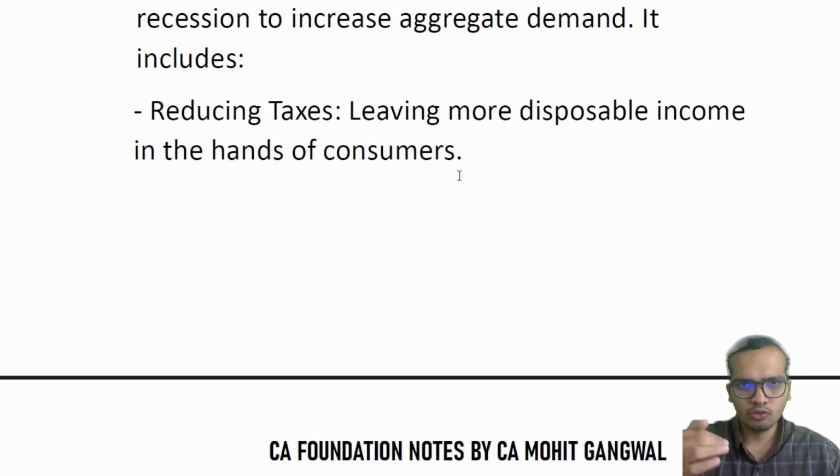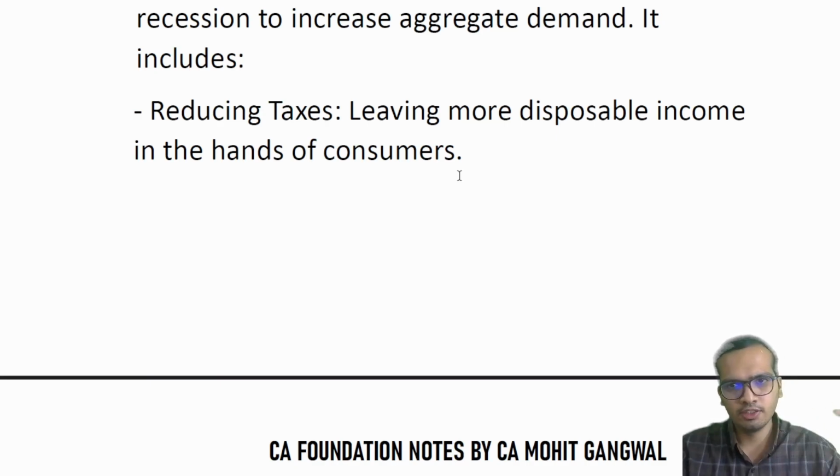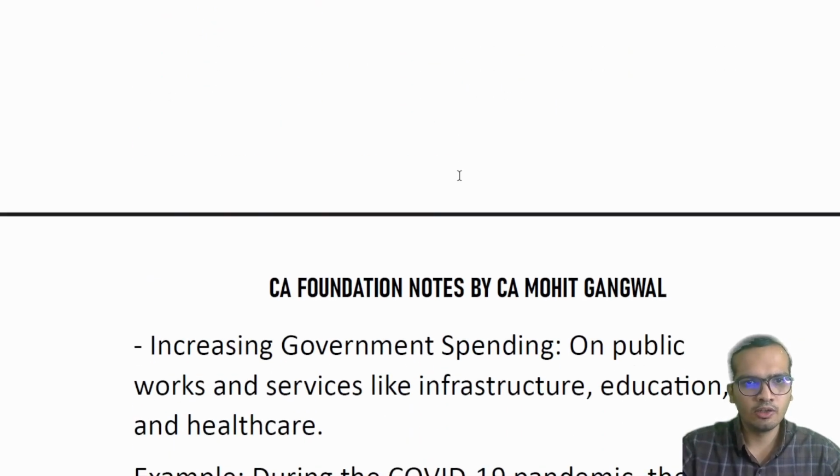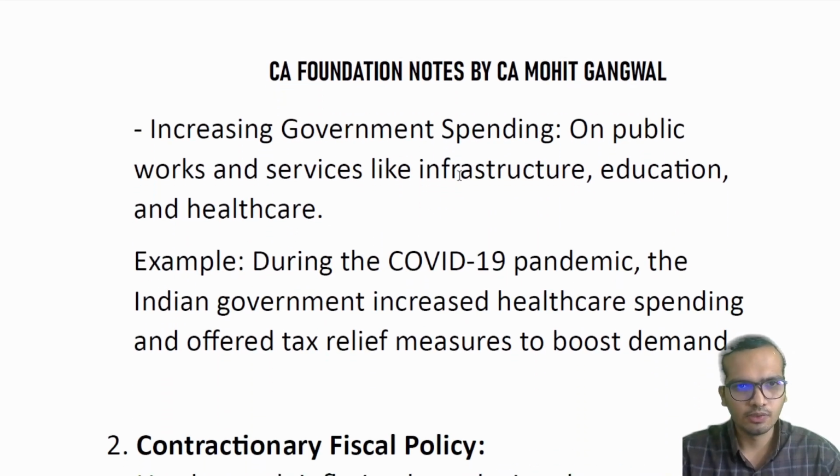If you reduce the tax to 25, the amount which you will have in your hand, that is disposable income, will be more. So in the earlier case it would be say 70, but if you reduce the tax from 30 to 25, you will be getting 100 minus 25, say 75 in hand, that you will be spending on more other goods and services.